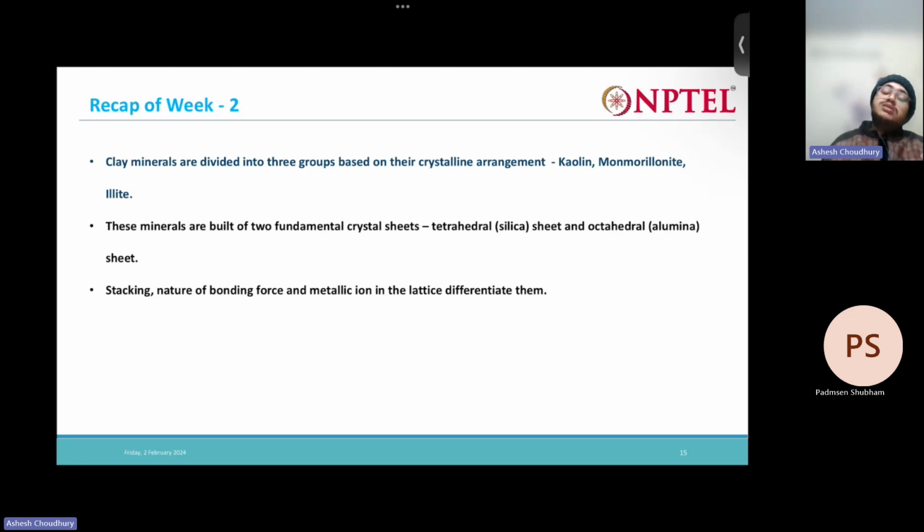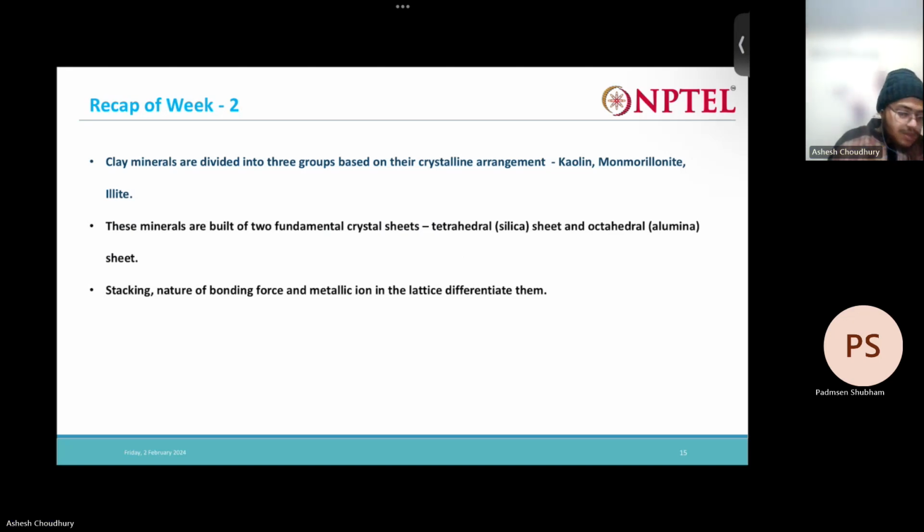With various arrangements of these sheets and the bonding forces between them, we can have these minerals. How these sheets are bonded to each other determines what kind of mineral you are going to have: kaolin, montmorillonite, or illite.